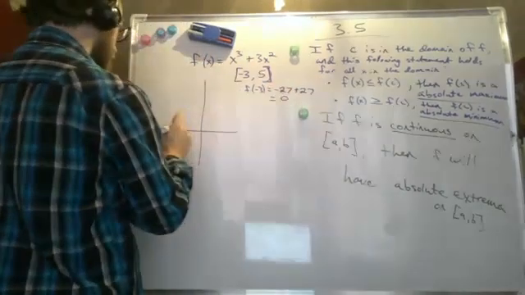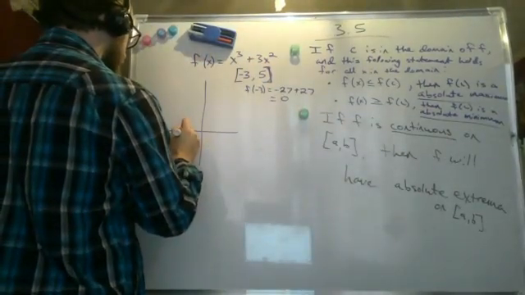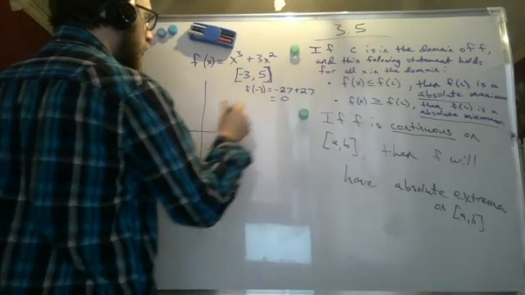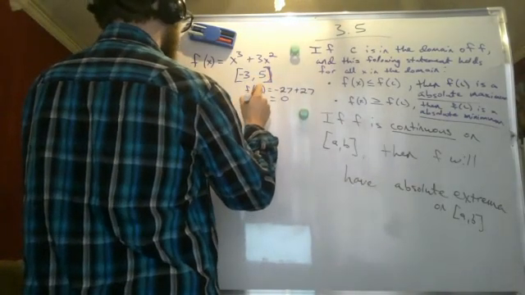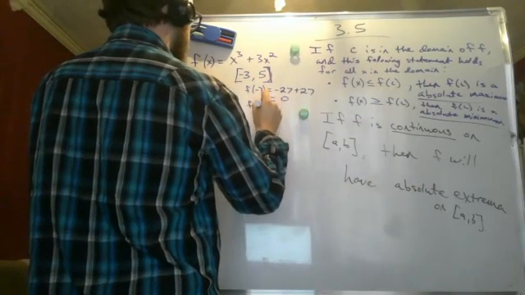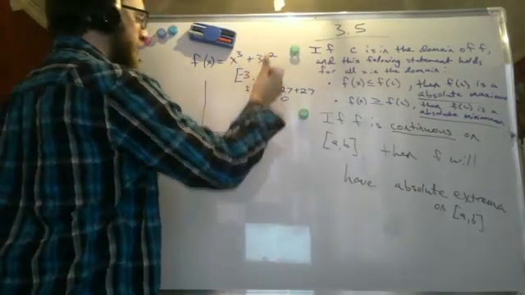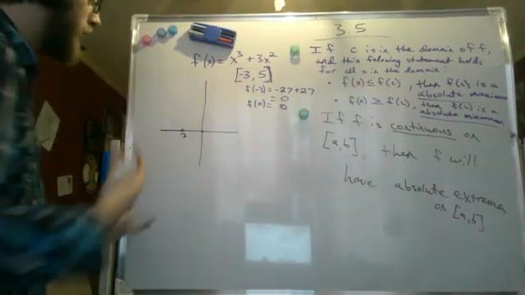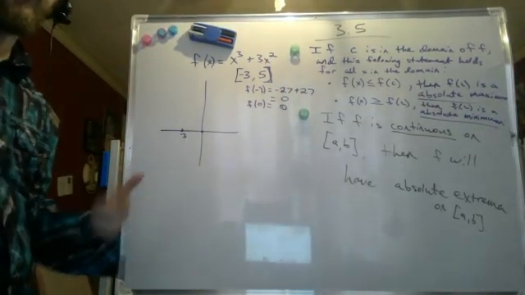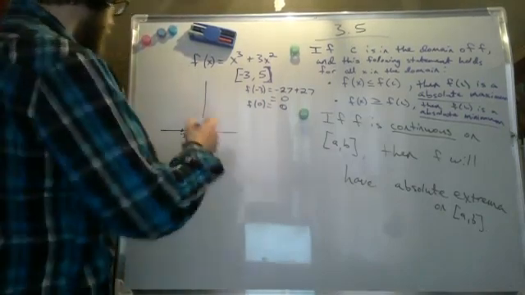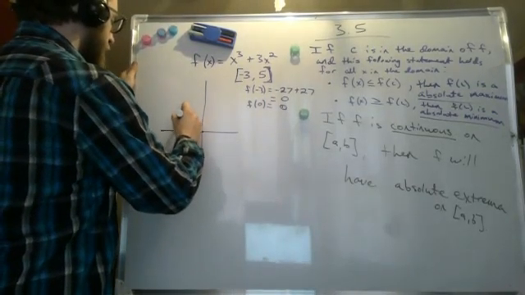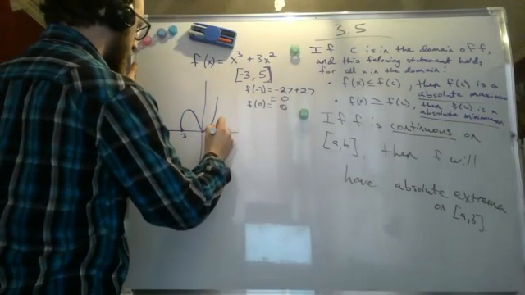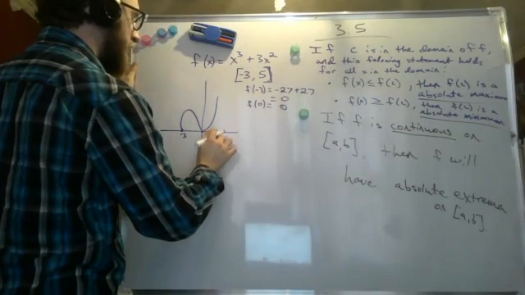This is 0. So at -3, we have the point 0. We also have another point at 0 for f of 0, right? If I plug in 0 for x, then all I can get is 0. So I got another point here. Well, you can keep plugging in values, or you can graph it in a calculator or in Desmos. Either way, it's going to look something like this. And then we got a 5 out here.